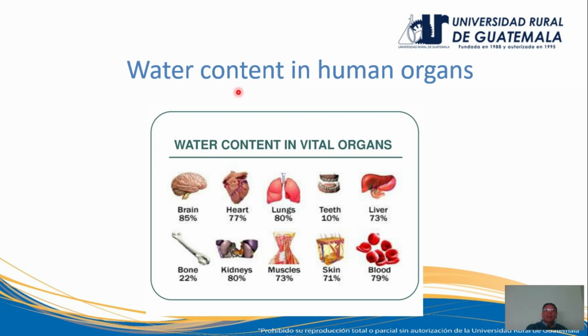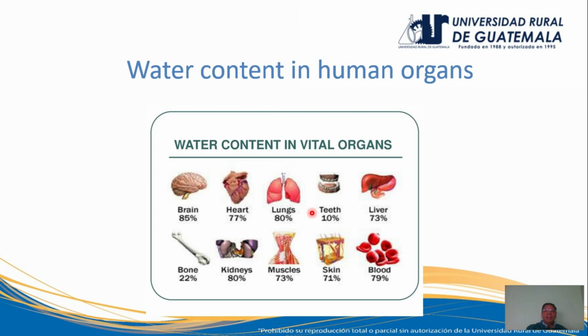Water content in human organs. We can see this picture where there are some amounts of water that every organ in our body contains. We can see that the brain has the highest amount of water. So the brain is the organ that stores the most water in our body. Then it is the heart.